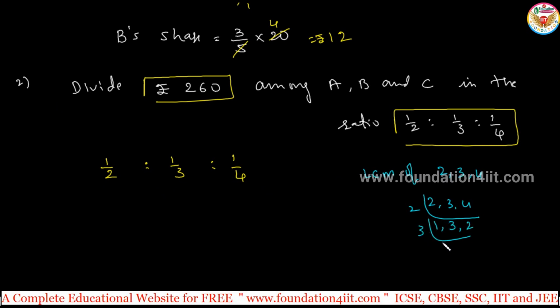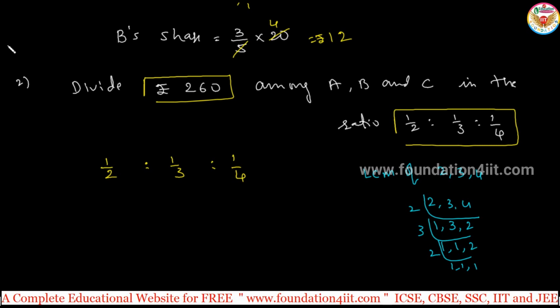Again 3, 2 times only 3 and 2 we have. So 2 3s are 6 and 6 2s are 12. 12 is the LCM here.